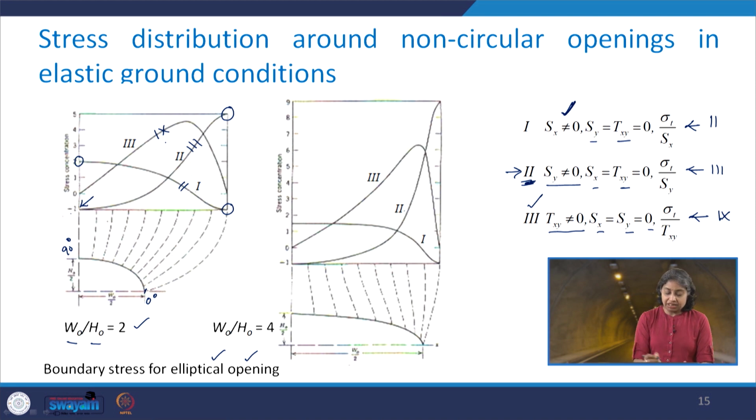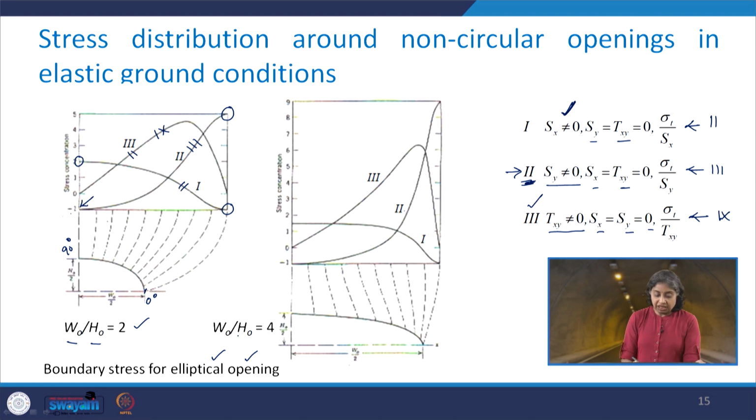Similarly, for the third case also the variation can be seen in this manner for various values of beta all along the boundary of the opening. So similar is the situation here, but you can see that there is a difference in the magnitude of the stress concentration factor.